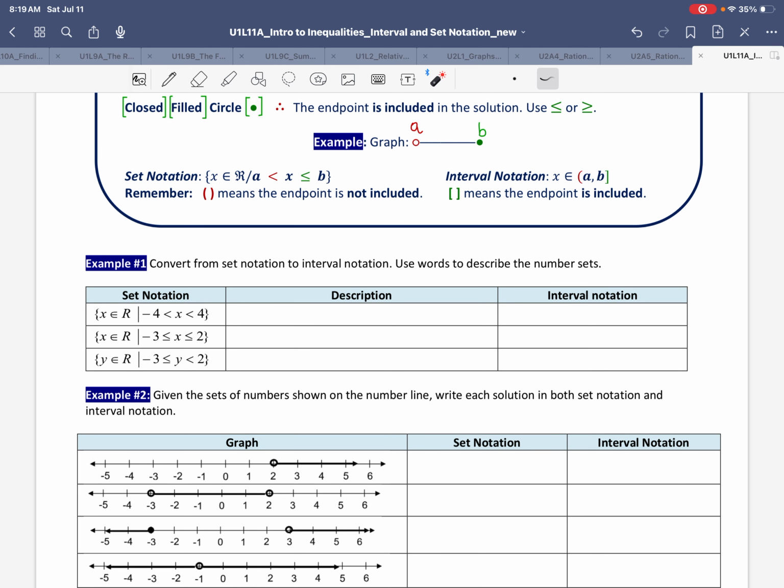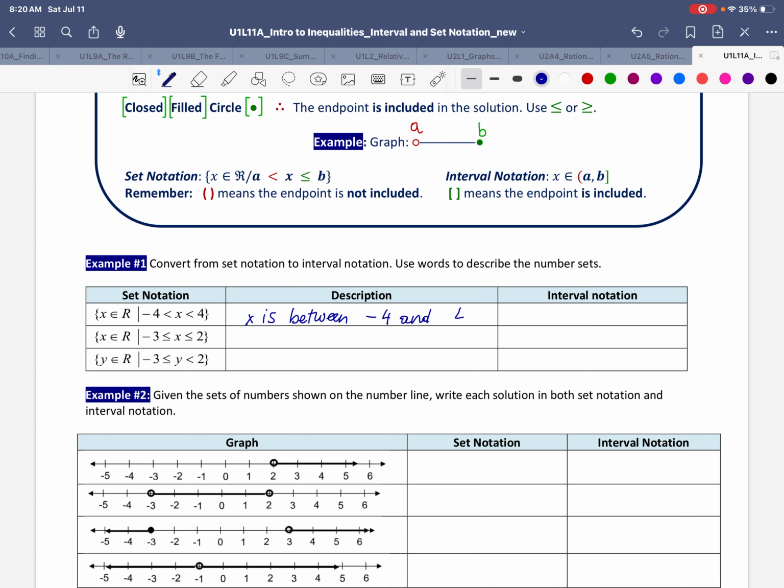If you were to describe this set of numbers in the first row, we're going to say that x is any real number such that x is greater than -4 and less than +4. So greater than the lowest and lower than the highest. So we're going to say that in this case, x is between -4 and 4.